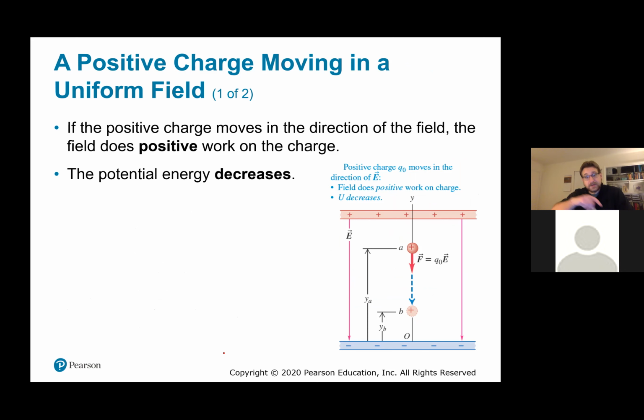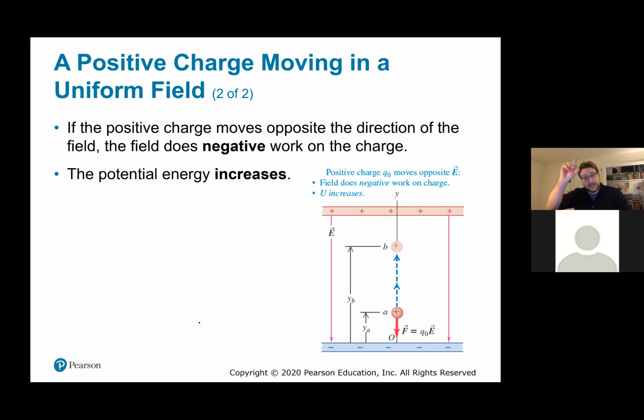The field does positive work, so just like when gravity does positive work, the gravitational potential energy of the configuration decreases. If we go the other way, we are doing work against the field and the potential energy increases.